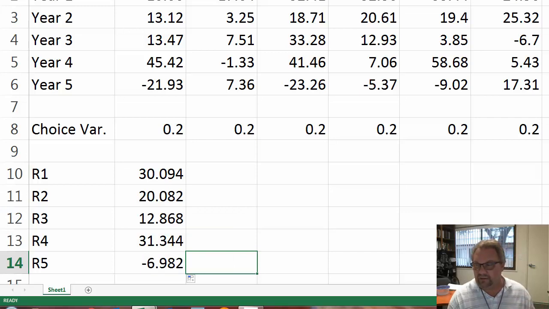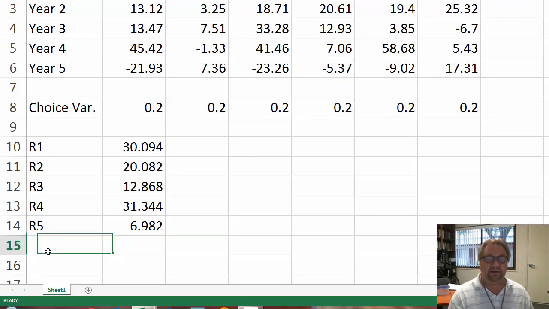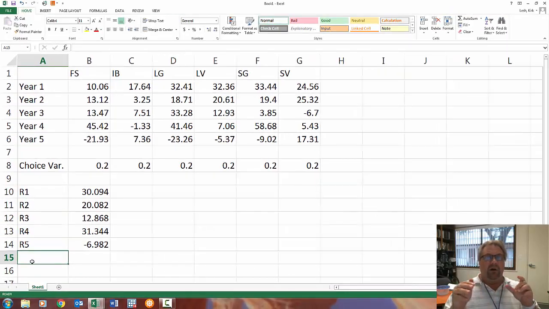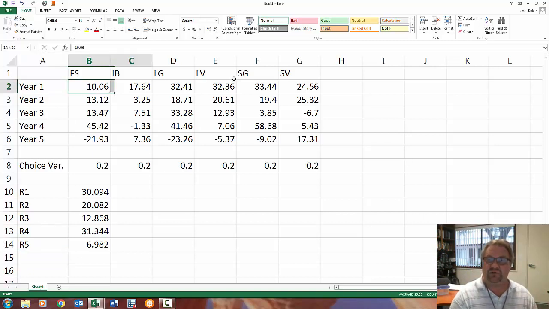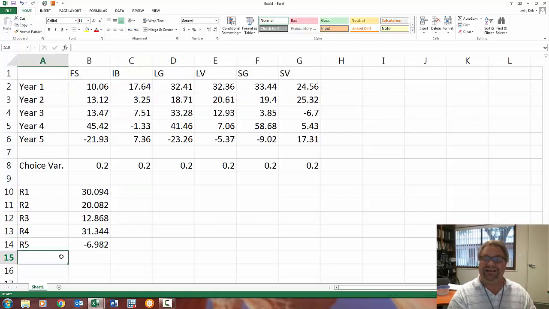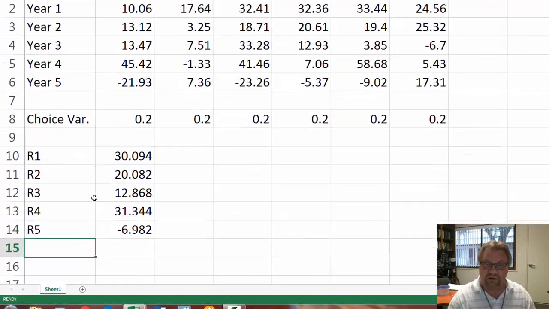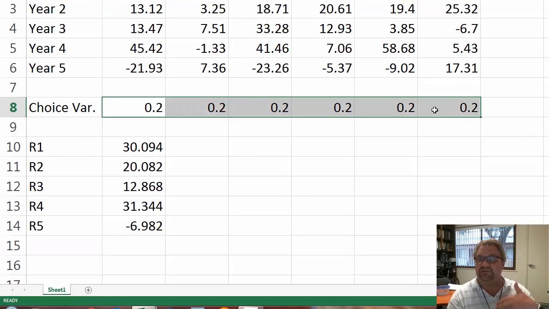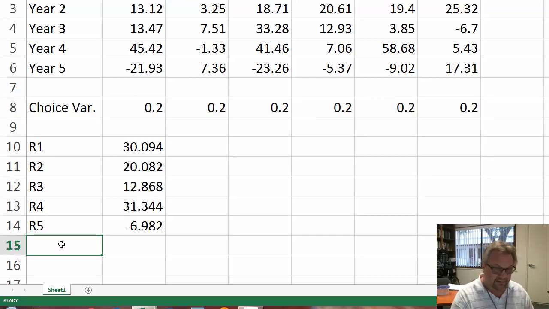So let me zoom out a little bit for you. So the idea here then is what is my expected return? So remember, I'm trying to maximize next year's return. Right now, there's a 20% chance that these returns could occur. 20% chance these returns could occur. So on and so forth. So what is my expected return if I invest these proportions in these assets?